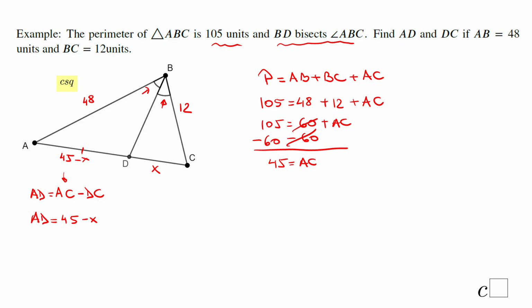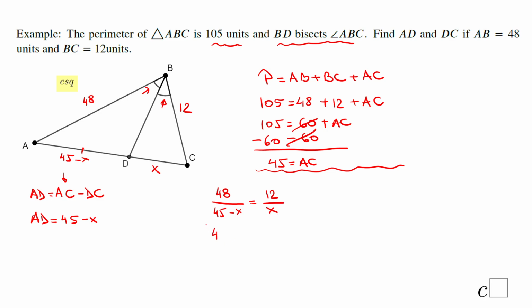So I think now we have everything we need in this picture to write the proportion we need by using the Angle Bisector Theorem, which says 48 over 45 minus x. So you see how I match them, very important, right? Equals 12 over x.